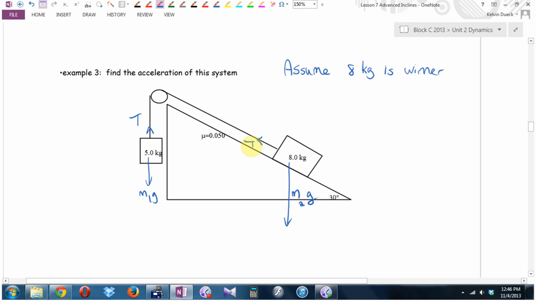If you guessed that it was the winner, which way would that 8 be sliding? Up the hill or down the hill? Down the hill. So which way would friction be? So you would say, okay, this is wrong, but we're going to do it wrong to show you it's a really easy fix. Oh, and there would be a normal force, yes?